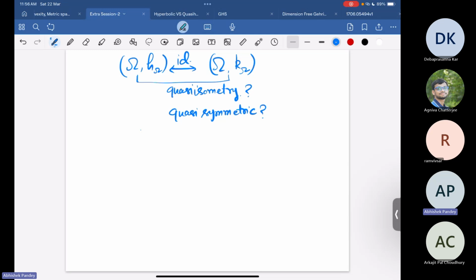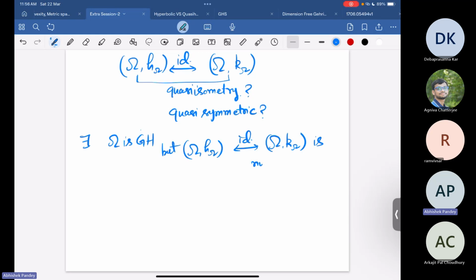But if omega is Gromov hyperbolic, I'm not mentioning a metric because that is going to be simultaneously Gromov hyperbolic, there are Gromov hyperbolic domains where this identity map is not a quasi-isometry.